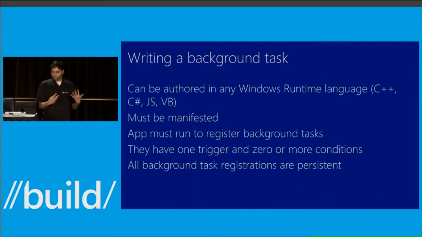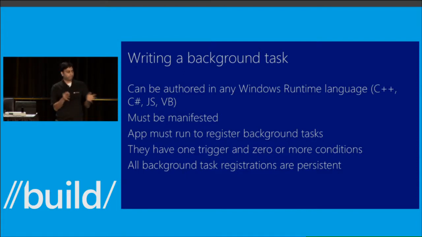Okay. So with all these concepts done, I think we will now try to go into a little bit of the code. Background tasks can be authored in any Windows runtime language. It can be in C#, it can be in JavaScript, C++. The other interesting aspect there is that the background task does not need to be in the same language as your app.